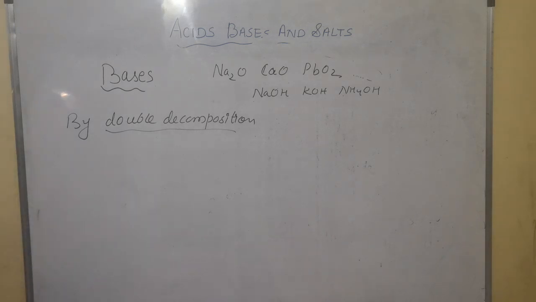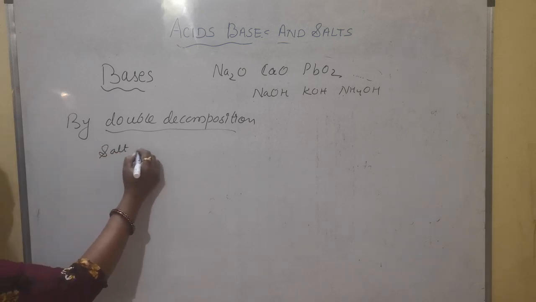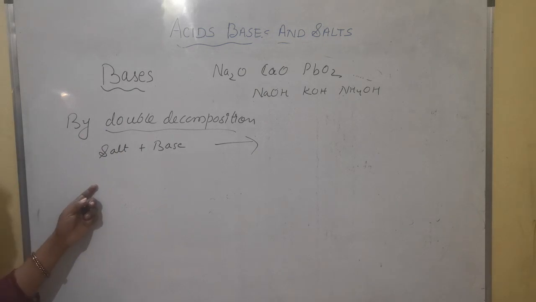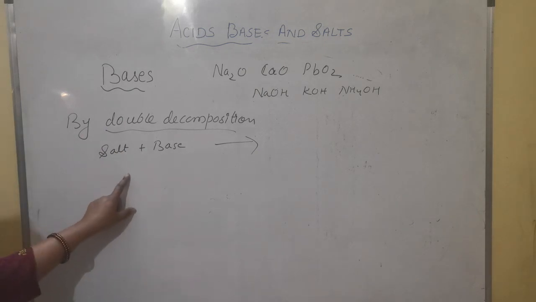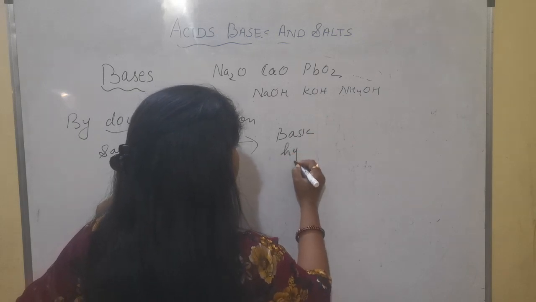By double decomposition, we'll take a salt plus a base. We'll take a salt and treat it with a base. And what product are you going to get? A basic hydroxide.